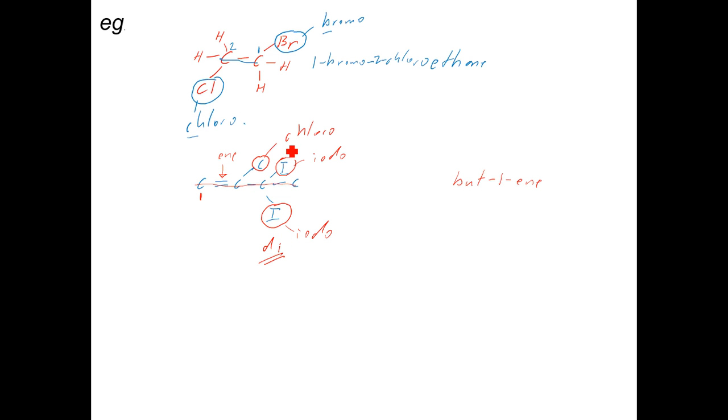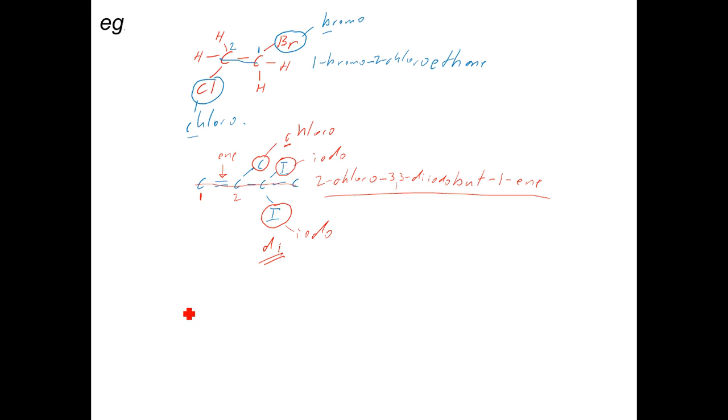We go alphabetically, so this one we're going to name first. So this is going to be our 1-chloro. The iodo, they're both on carbon number 3, so we need to write that down twice. 3, 3. Put in the di to indicate again that there are 2. Diiodobut-1-ene is the name that we have for this one.